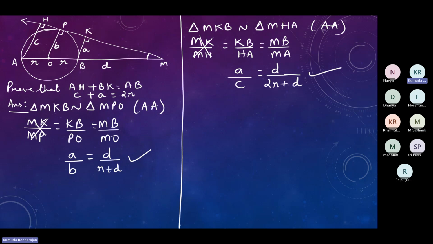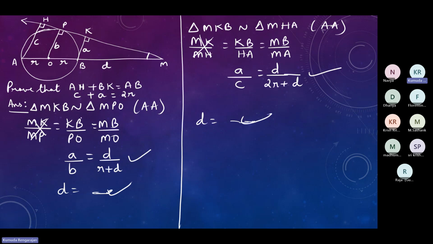Somebody said D. So use the two proportions and write D is equal to something from here, and D is equal to something from here. When you equate them, you will lose D. You don't want D in the result. In fact, you don't want B also. There is B here and B here. Mostly we'll lose B when we work it.